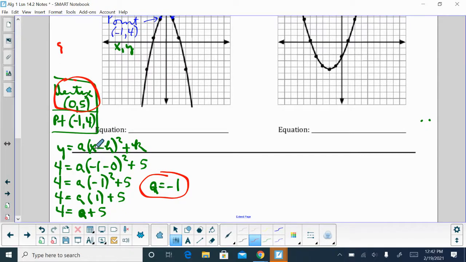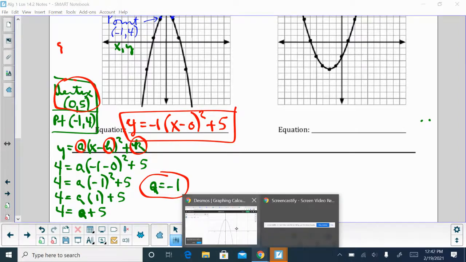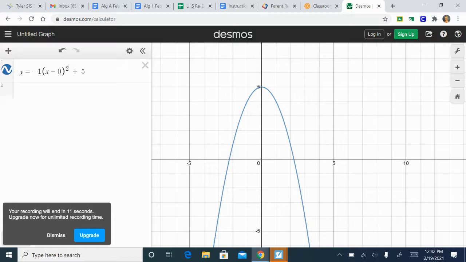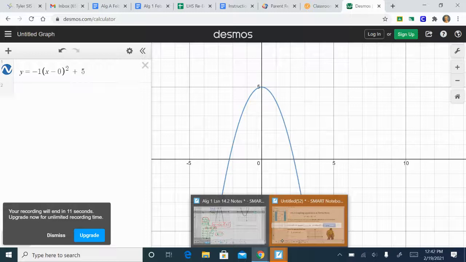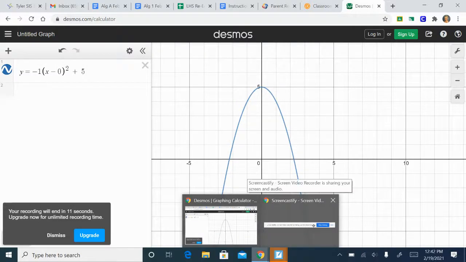So let's substitute that in here for our special parabola. y equals -1 times (x minus h, in this case 0) squared plus k, which is 5. There you have it. Now, I went and checked it in Desmos, and yep, they're pretty dadgum similar. All right, stay tuned for more fun finding equations for parabolas.